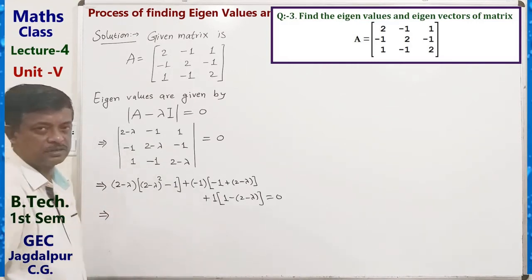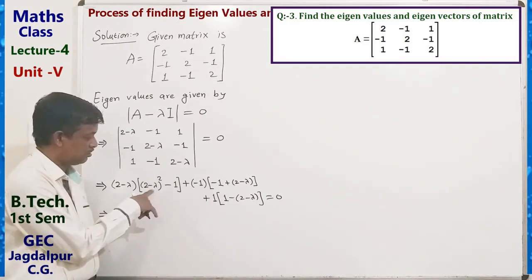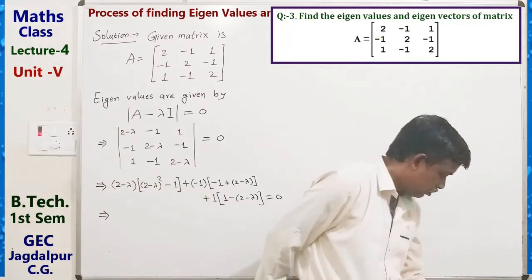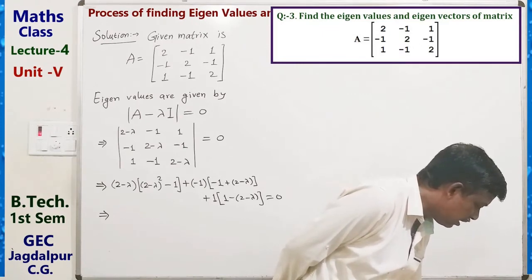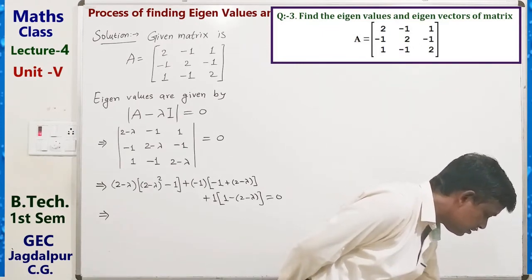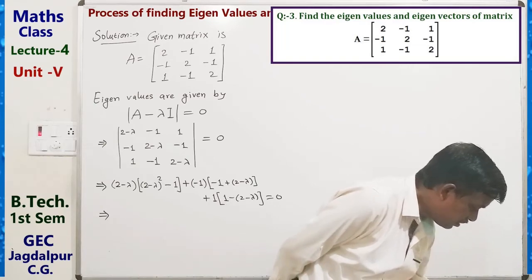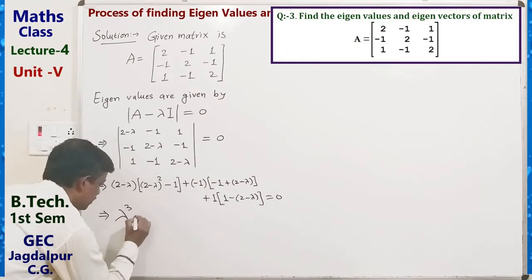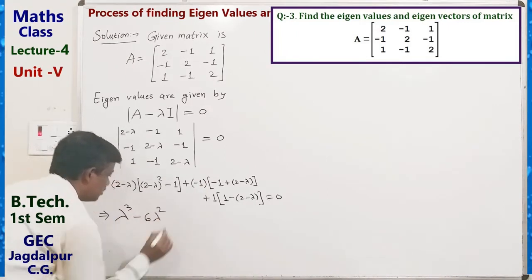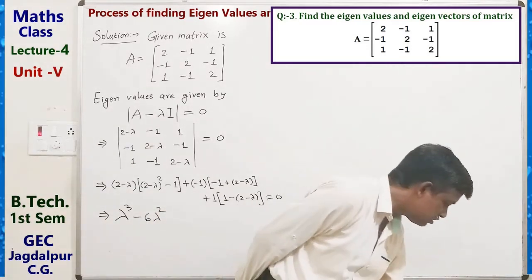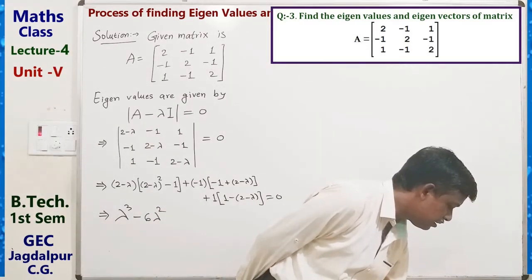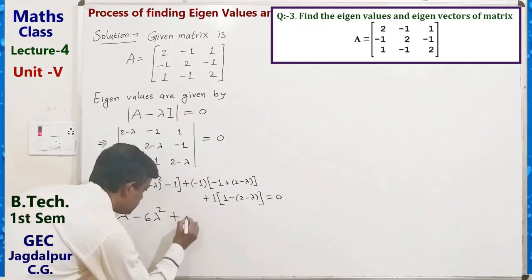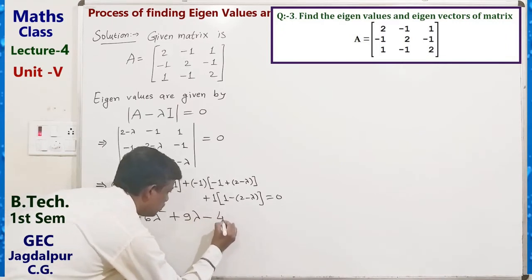Now just break this and simplify. You can get a cubic equation: lambda cube minus 6 lambda square plus 9 lambda minus 4 equals to 0.